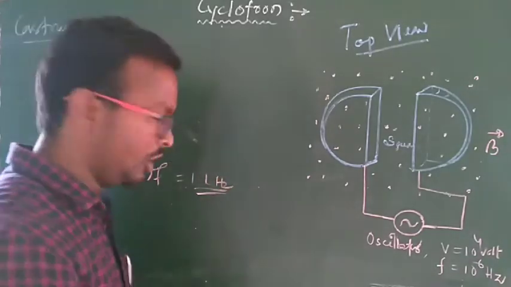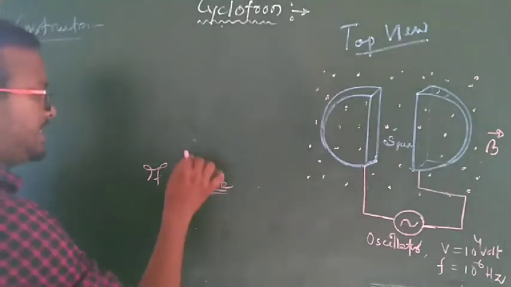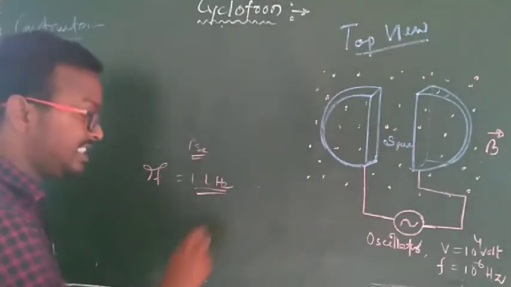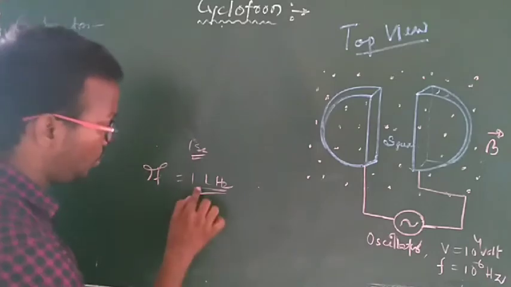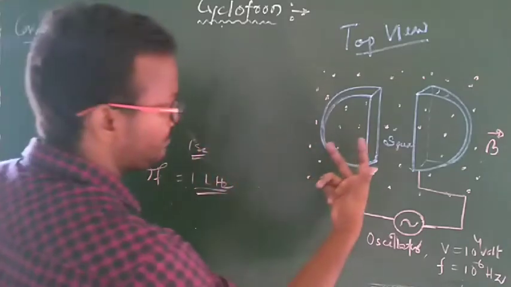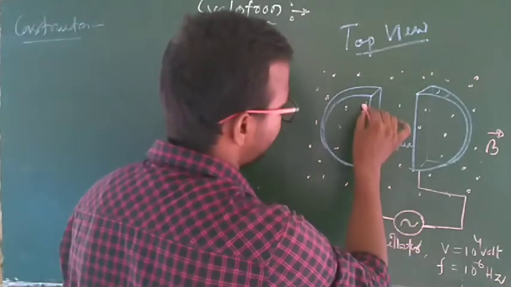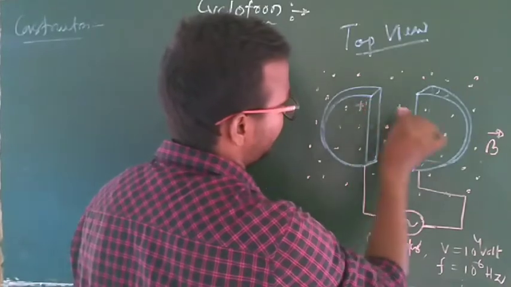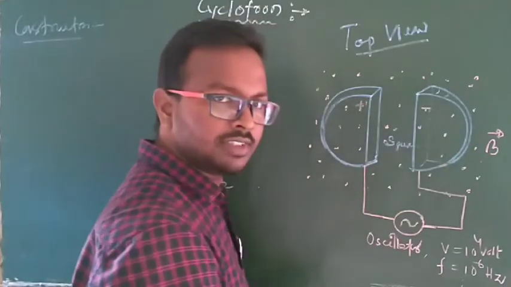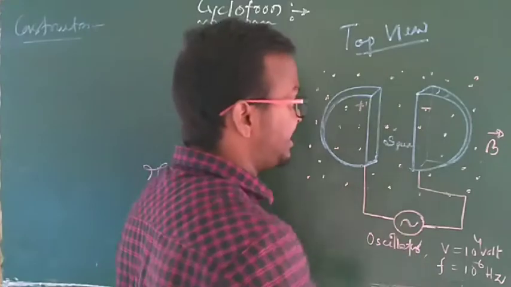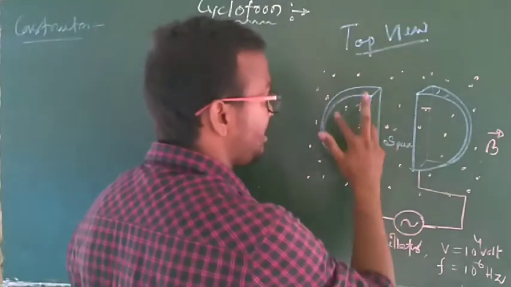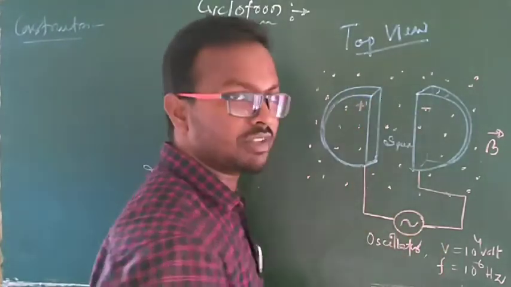What is 1 lakh hertz? It means that in 1 second, it changes its polarity 1 lakh times. First, suppose this terminal is positive, then this terminal is negative. Clear? In 1 second, it changes its polarity 1 lakh times. This is known as frequency.